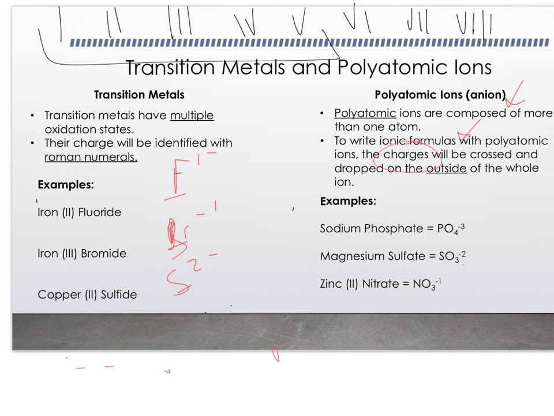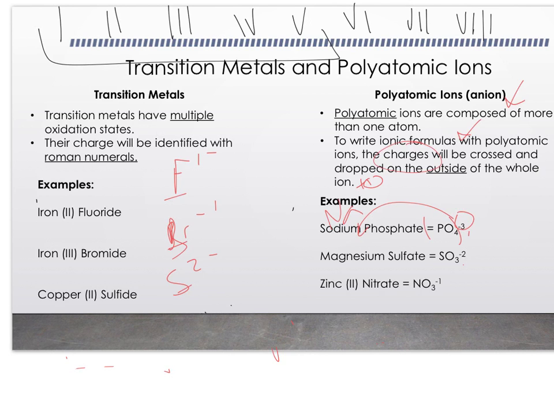You just have to drop the charge on the outside of that polyatomic ion. So for example, sodium, symbol Na, group number 1, so it's +1. The phosphate is a PO4 with a -3 charge, so this 3 is going to drop over to sodium, and the understood 1 is going to drop on the outside of the PO4.